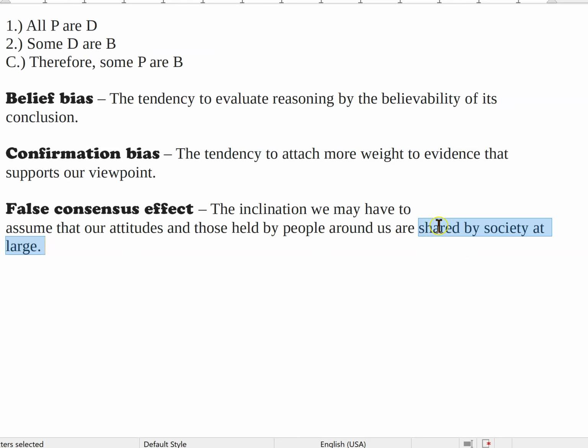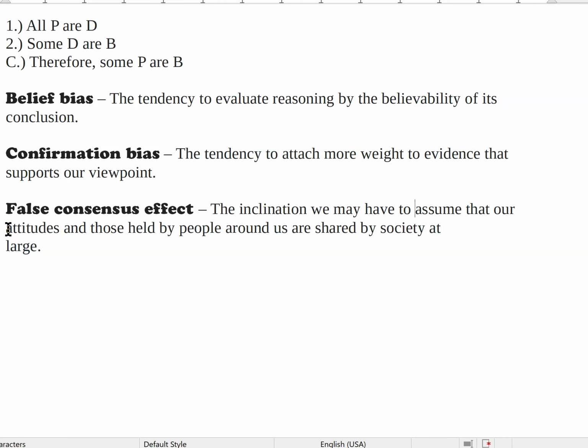We can recognize that not everybody shares that belief that we have, but it can be really tricky in so much as if everyone we're exposed to thinks that, or everyone we're exposed to agrees with us, we can start thinking that everyone actually does agree with us. So we want to be careful of this false consensus effect. It's called consensus because you achieve consensus when you have complete agreement. And obviously that's false. I'm trying to give you things to help you remember these.